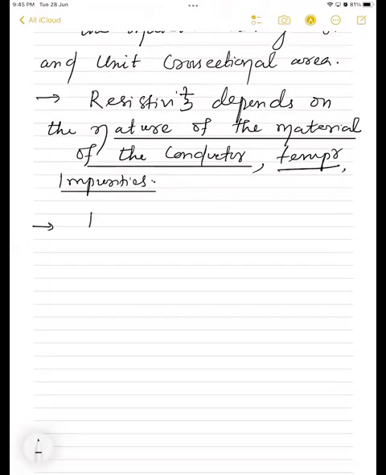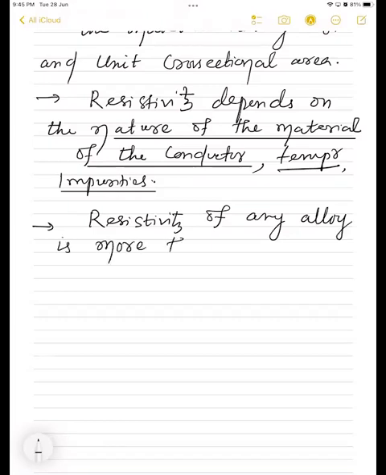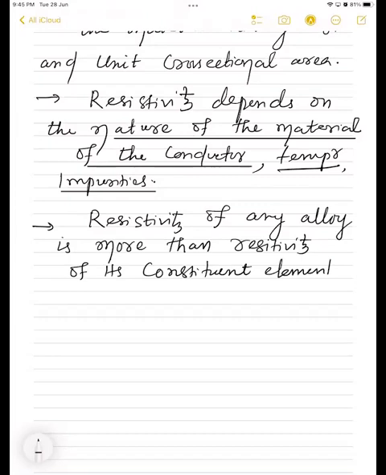And write one more thing here: resistivity of any alloy is more than the resistivity of its constituent elements.